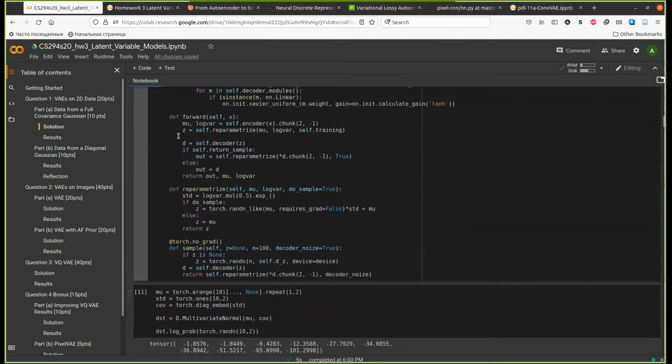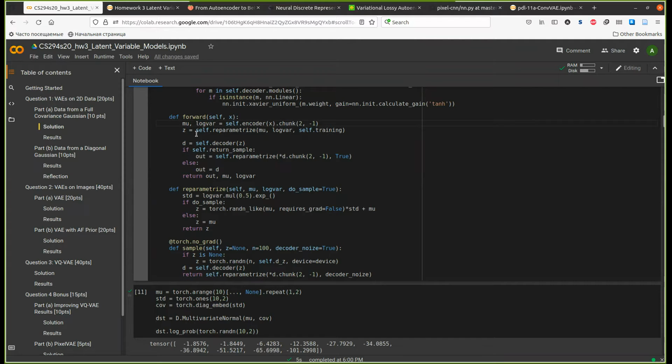The forward pass of the model would be: take X, put it through the encoder, and we get means and log variance. We use a log variance here because in this way we can output the full range.